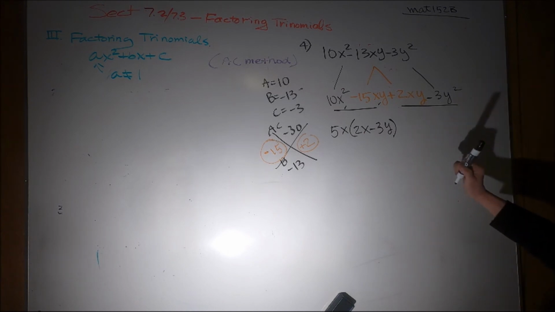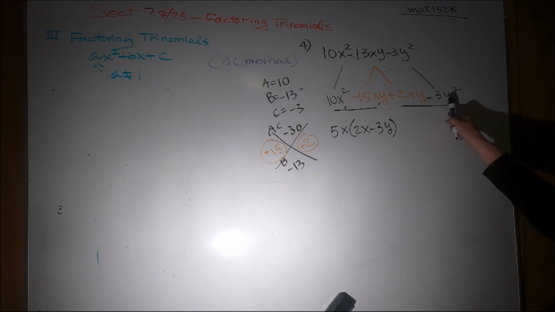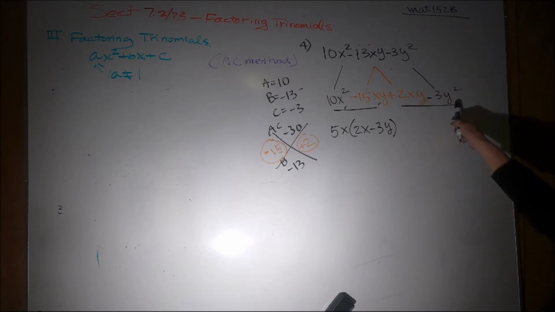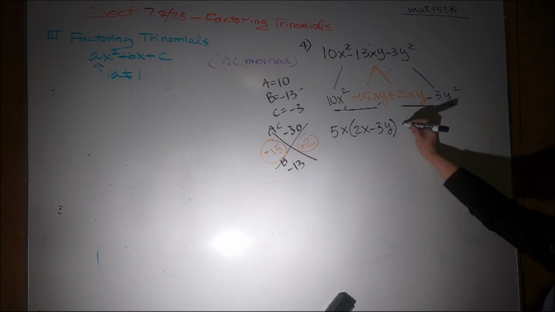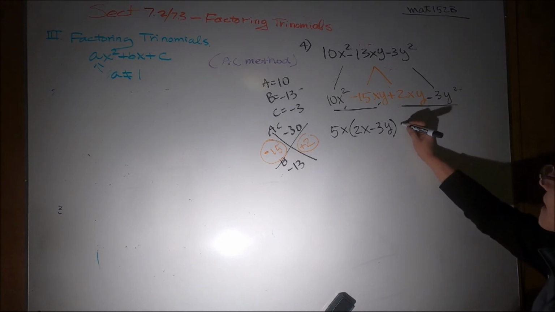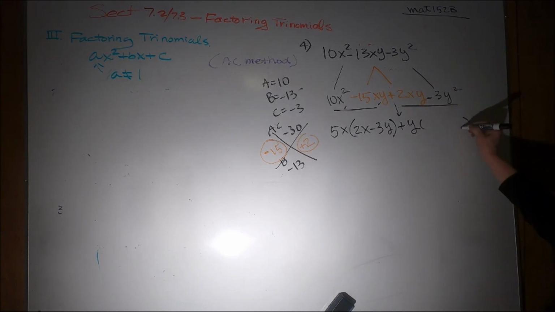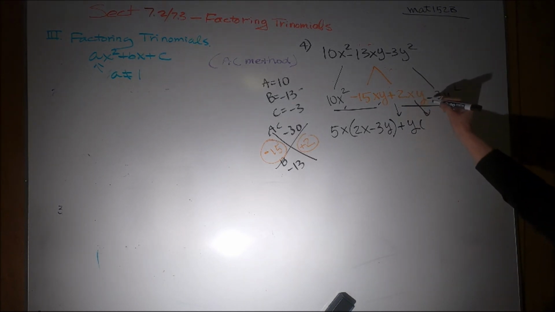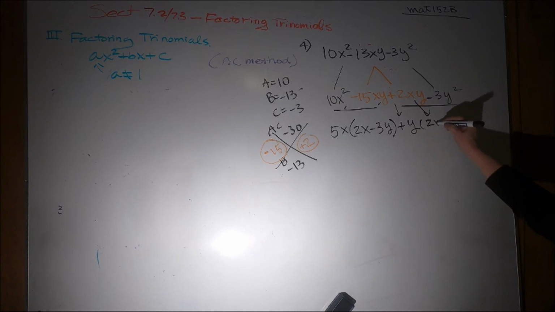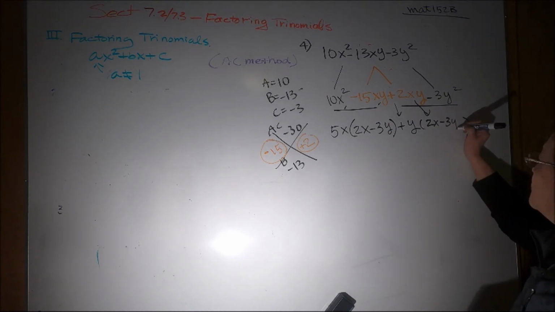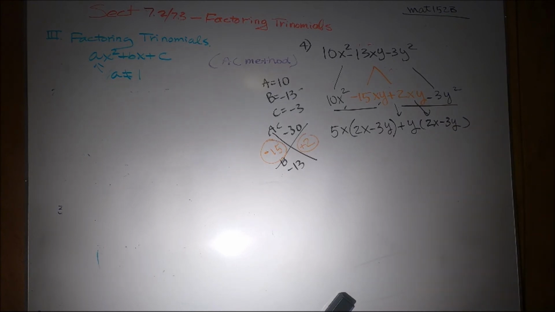And for the second group, 2xy and -3y squared. 2 and 3, nothing in common, but you do have a y in both. So you take y out. Positive or negative? The leading term is positive, so you use positive. Inside, 2xy, take y out, you have 2x left. -3y squared, take y out, you have another y left, so that's -3y, right?